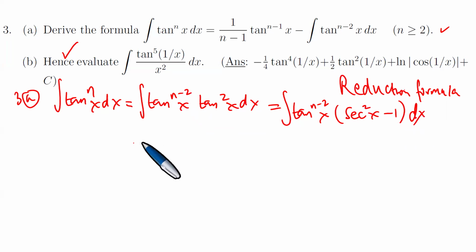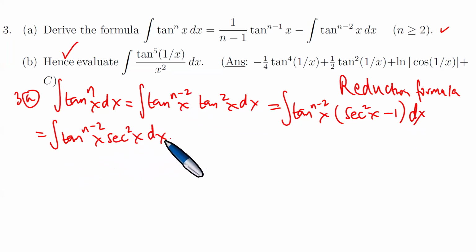So in the end, we have tangent n minus 2 x times sec squared x, minus the integral of tangent n minus 2 x dx.